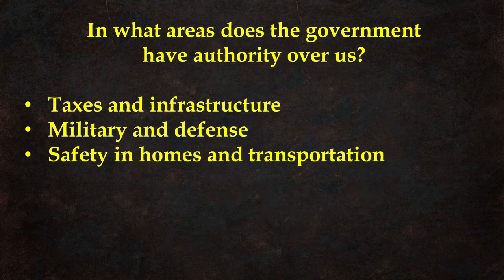So safety in homes and transportation. Things to do with regulations about people who are driving big vehicles and so forth, and alcohol. What was the big problem about a year ago?